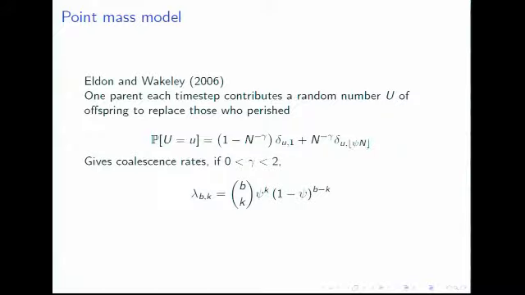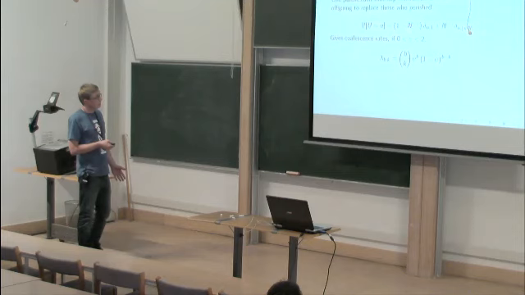Another also very simple model is a modified sort of Moran model where you have just one individual reproducing and contributing offspring to the next generation. With this probability, he just contributes one offspring and the parent always survives, so you have just the usual Moran model.